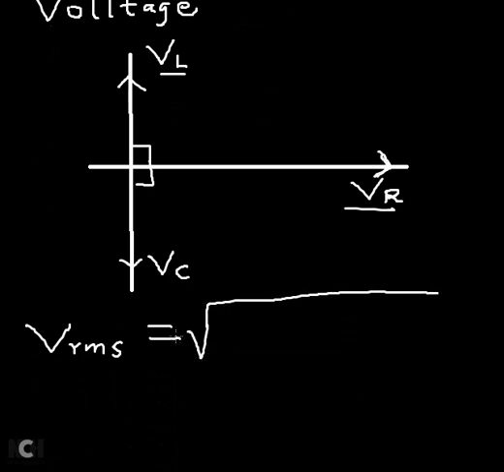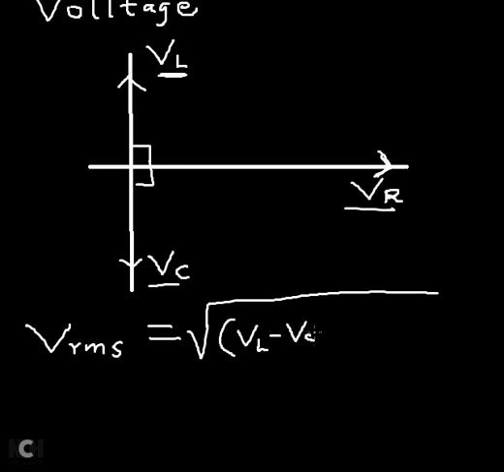Remember, when we have a vertical vector and a horizontal vector, to find the resultant, we use Pythagoras theorem, if you can still remember. The vertical vectors I have here are the positive inductor and the negative capacitor, so that's going to give me VL minus VC.